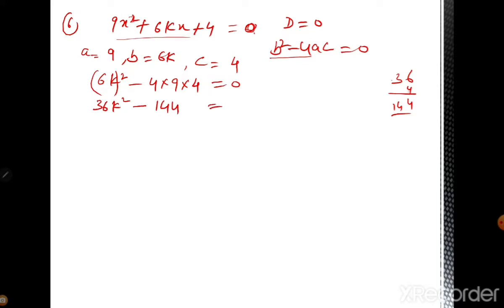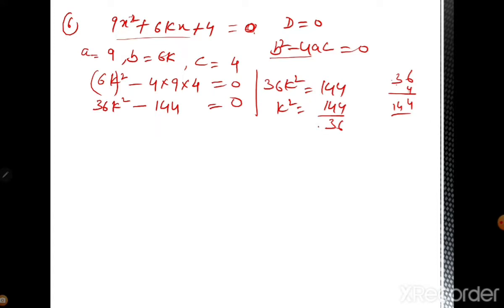If you know, you can put it directly, otherwise don't take a risk, multiply. 4 9s are 36 and 36 4s are 144. So this is equal to 0. So here it's a perfect square. What we'll get is 36k square equals 144, and then k square is 144 divided by 36. If you can cancel this, you can.